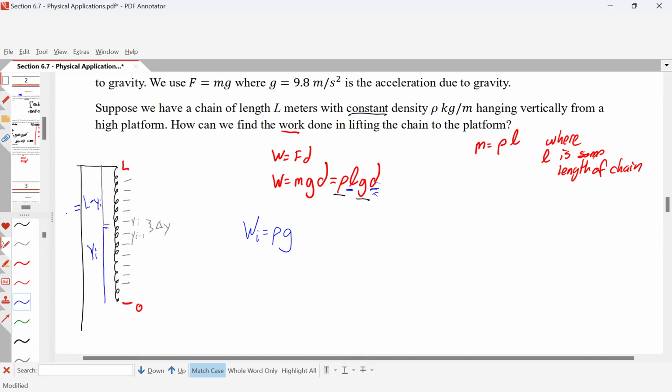So that piece there, L minus yi, is the distance. So D equals L minus yi is the distance that bit of chain or bit of rope is being pulled.